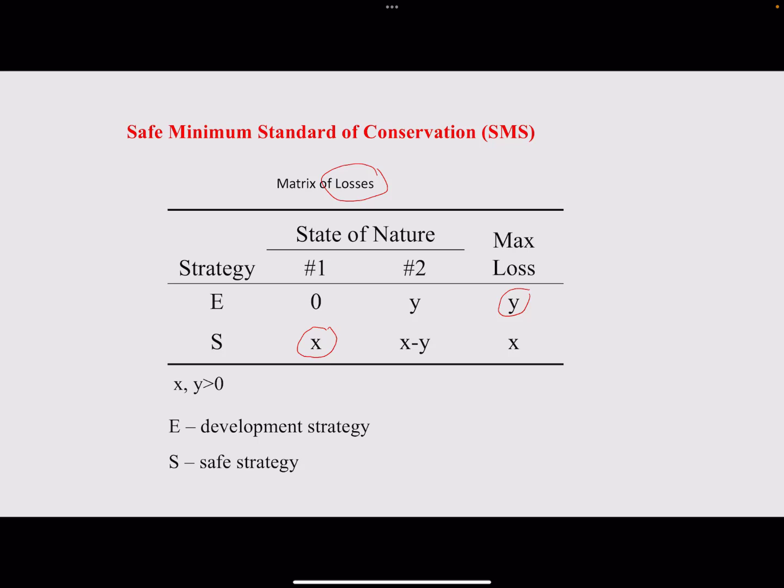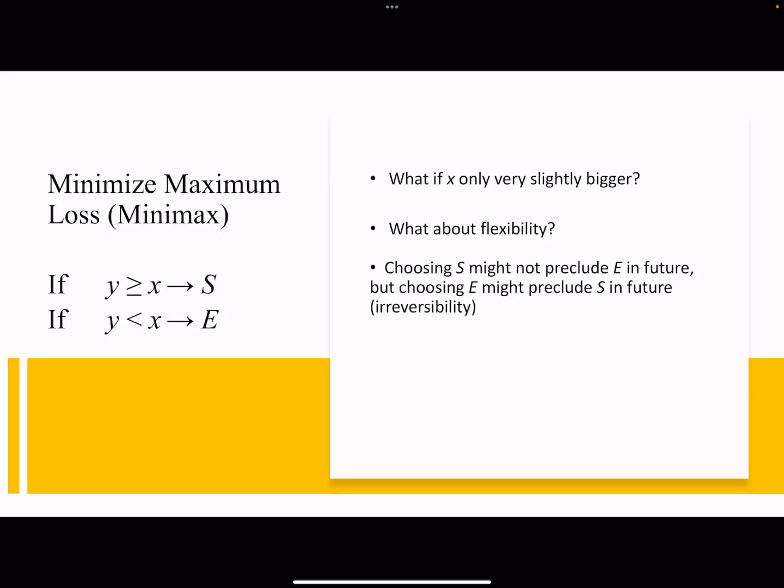There's no redemption, so to speak. In other words, the strategy of development was better. However, if number 2 shows up, then the benefit or the loss is x minus y. All right, the minus y because you've avoided this cost of development. So both x and y are positive here, of course.